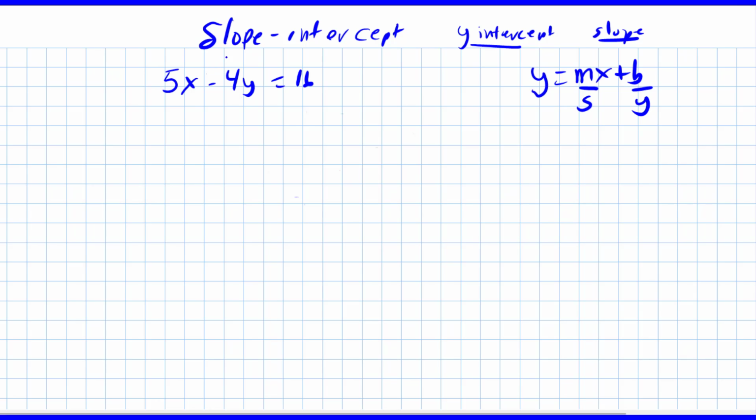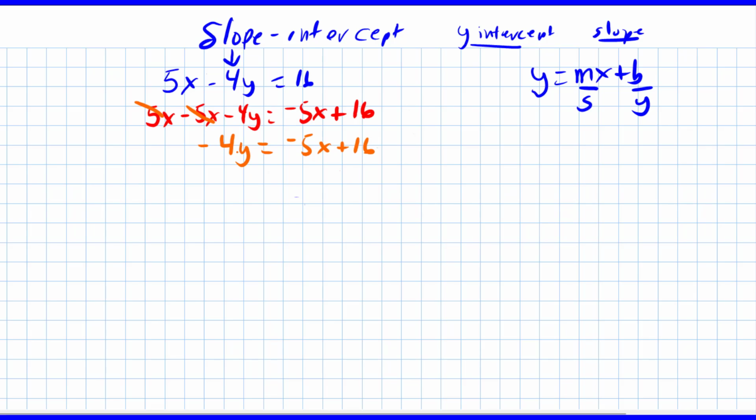So to begin to do that, we've got to begin to isolate that y. So what do we do to begin to do that? We've got to subtract 5x from both sides. So I've got 5x minus 5x minus 4y equals minus 5x plus 16. All right, so starting to take shape here. So those go away. That leaves me negative 4y equals negative 5x plus 16.